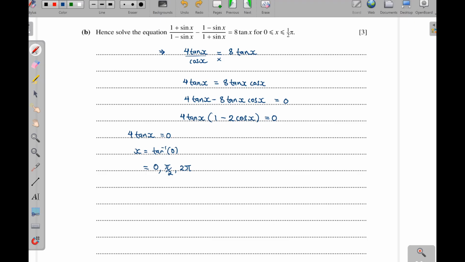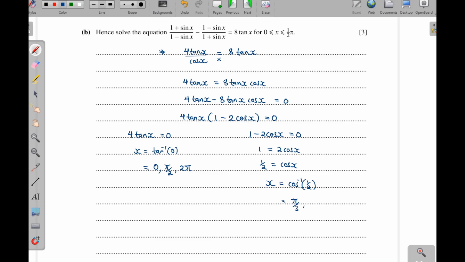Then when you come to this one here, 1 minus 2 cos of x, you equate it to 0. You'll have 1 is equal to 2 cosine of x, and then a half is equal to your cos of x. So meaning x is going to be equal to the arc cos of a half, and this one can be 60 degrees, but in radians, this is going to be pi over 3.